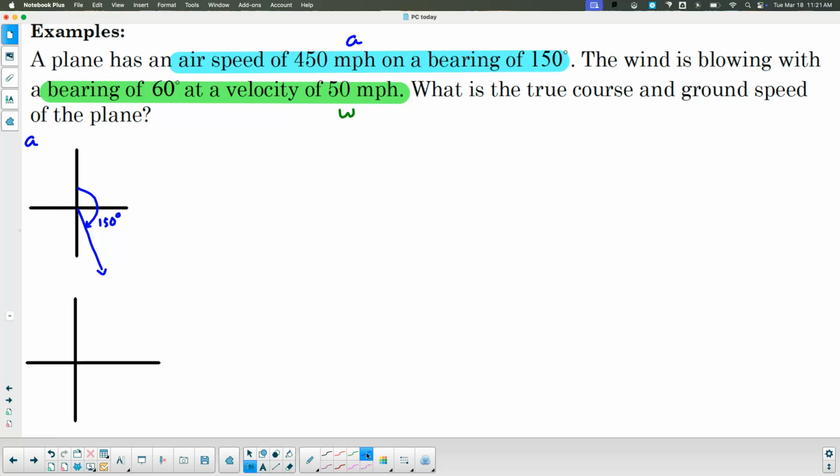What would the trig angle be for my A? It would be 300 degrees. Rach, the trig angle comes from here all the way around to there. Oh, okay. Thank you.